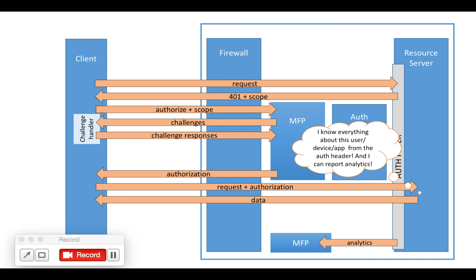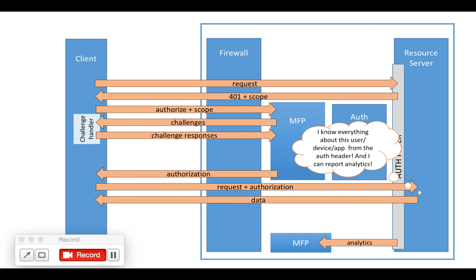In addition, the resource server, now using the authorization filter, can report analytics. The authorization filter will automatically report analytics to the MobileFirst platform. So once you use the MobileFirst analytics dashboard, you will be able to see requests going to that resource server, be it a Java adapter or some Node.js, WebSphere, or Liberty server.